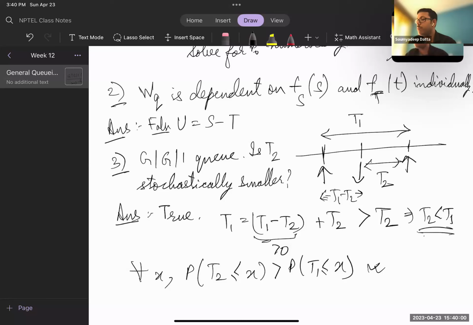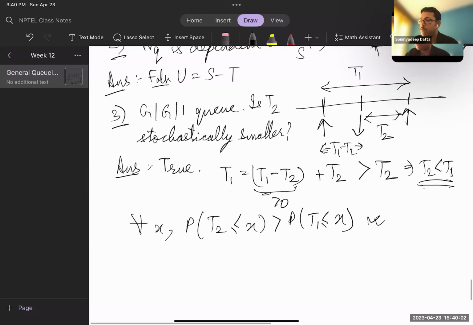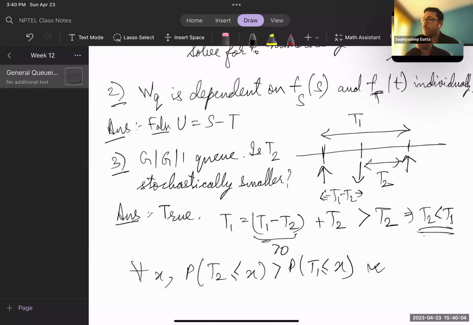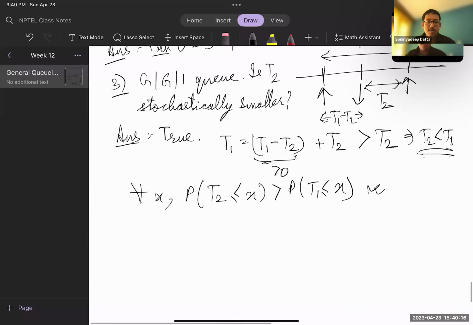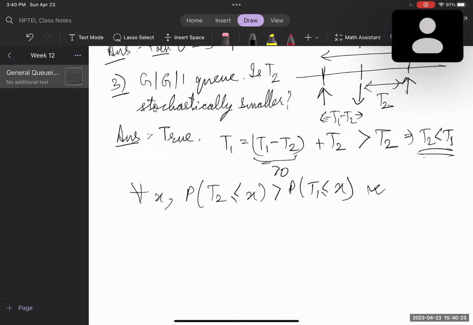It's very evident pictorially that the time interval between a departure and the next service beginning is stochastically smaller than the inter-arrival time between two packets. Is this clear? Yes, sir, it is clear.